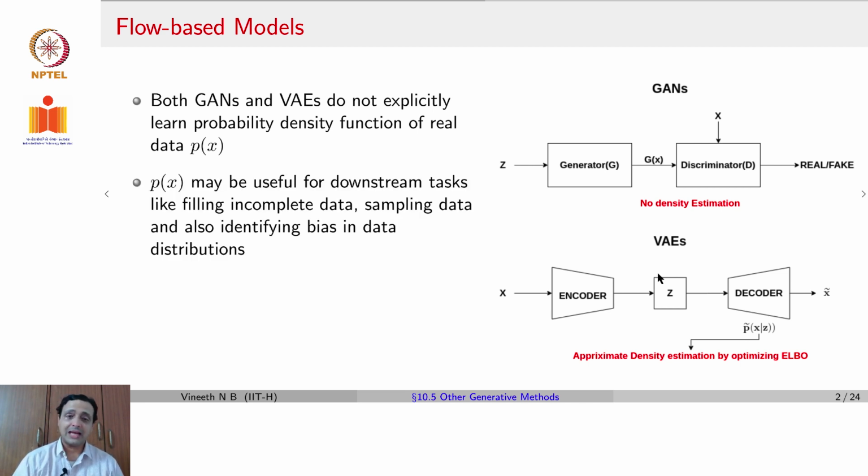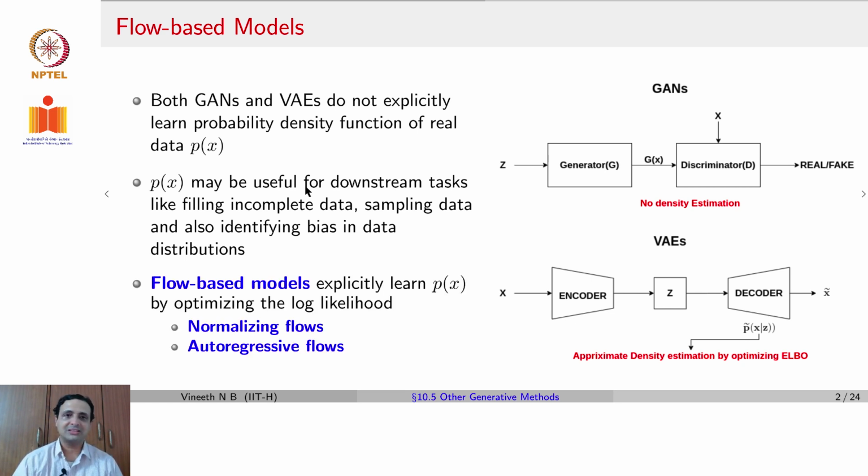However, the exact PDF p of x of your real data may be useful for many tasks such as missing values, sampling data, or even identifying bias in data distributions. Knowing the density function could be handy for these kinds of tasks.